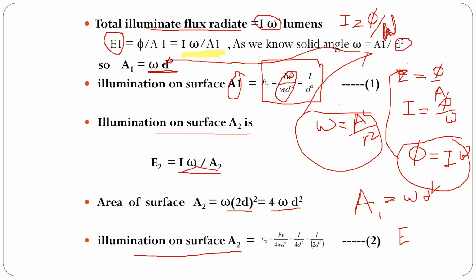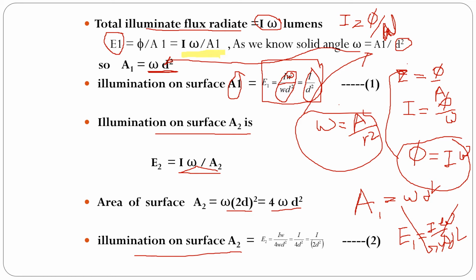So E1 is equal to I omega upon A1. Now what is A1? A1 is this. So I put the value of omega d square over here. So omega cancels out, and finally I get I upon d square in this equation.